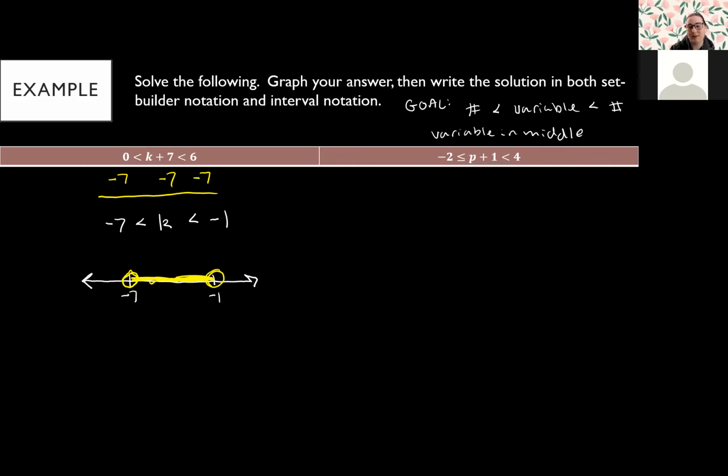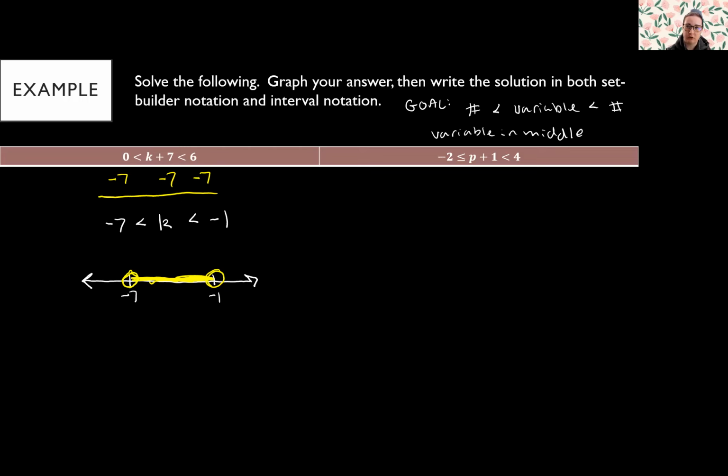And then we've got K is less than -1, but it's not including it because it doesn't have the line underneath. So if you have a less than or a greater than, you use open circles when you're graphing. And then when you turn it into interval notation, open circles become parentheses. So that's our graph.